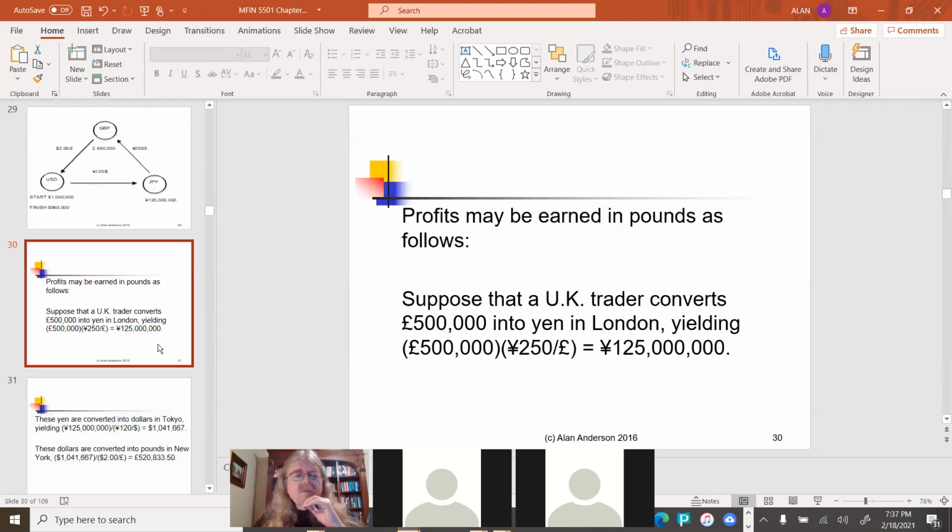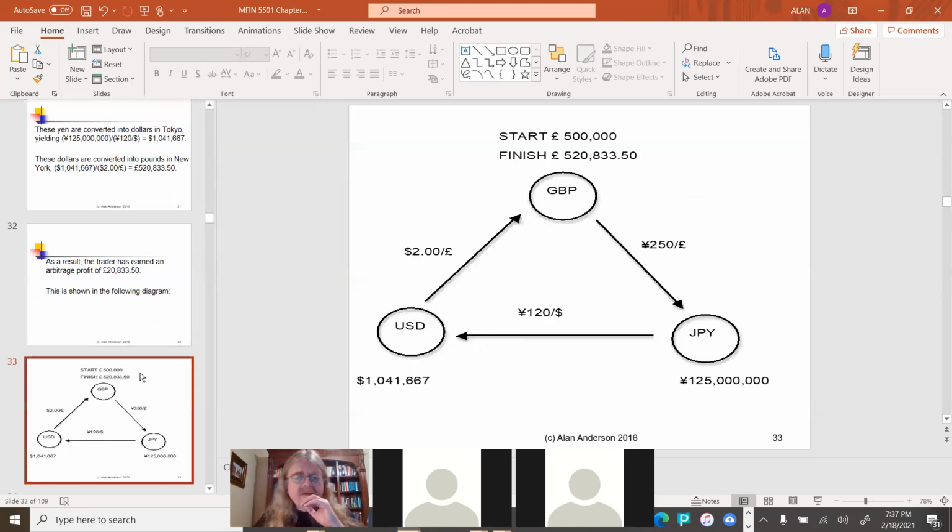Now, I also pointed out here that you could start with pounds. Like I said before, instead of starting with $1 million, you could start with £500,000. As long as you go around the circle in the correct direction, you'll end up with profits anyway. It's just that they'll be in pounds instead of dollars.